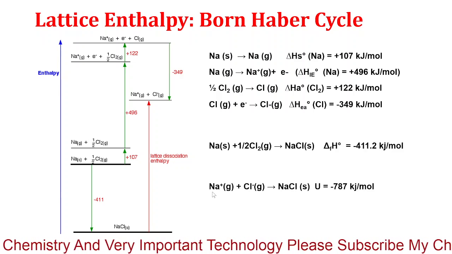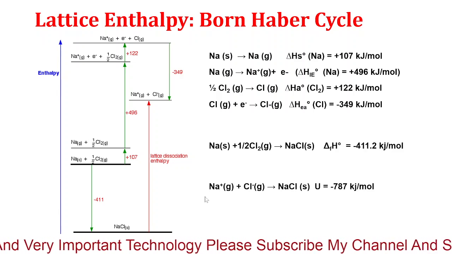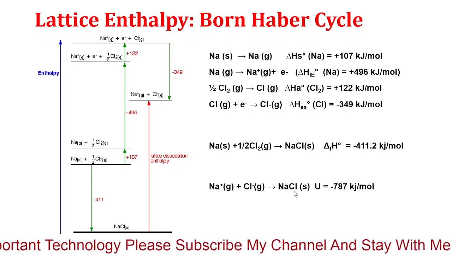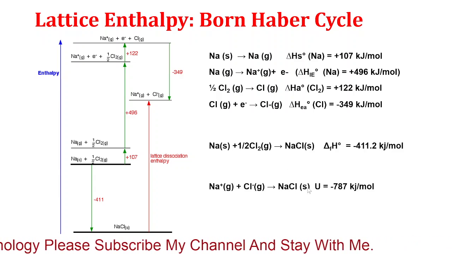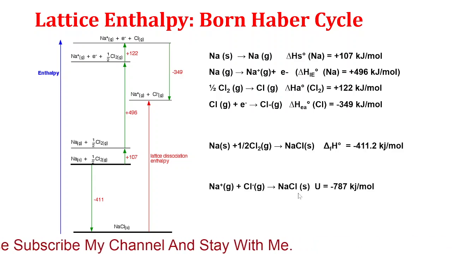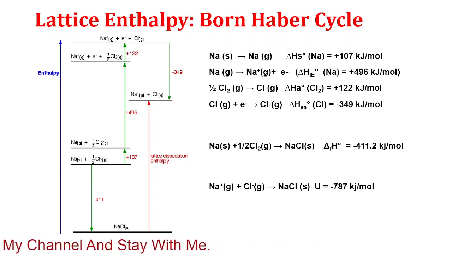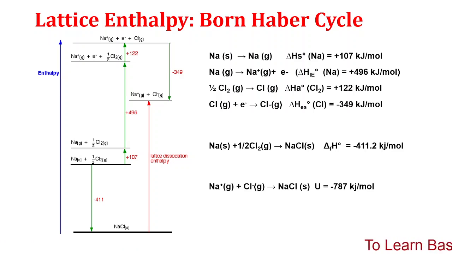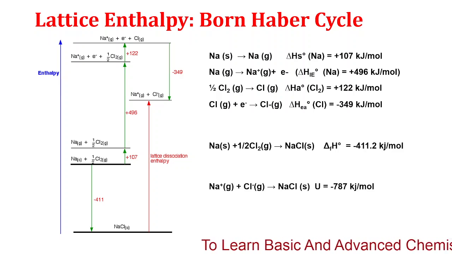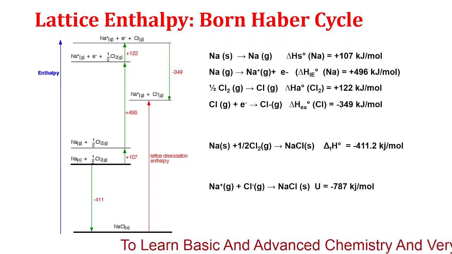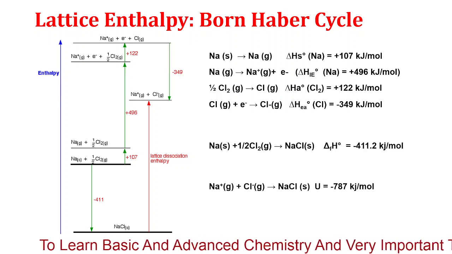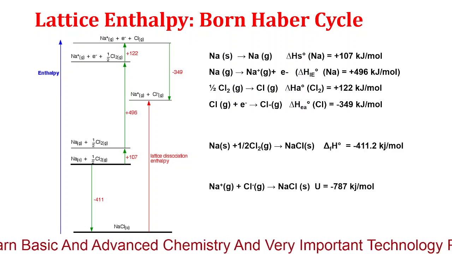So when 1 mole of lattice, or solid molecule, is formed from its gaseous ions, how much energy is released? That is known as lattice enthalpy. You may be familiar with the heat of formation. All of you are familiar with the heat of formation?